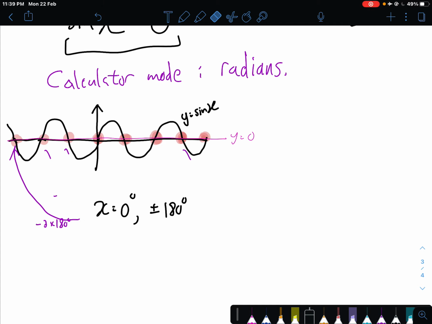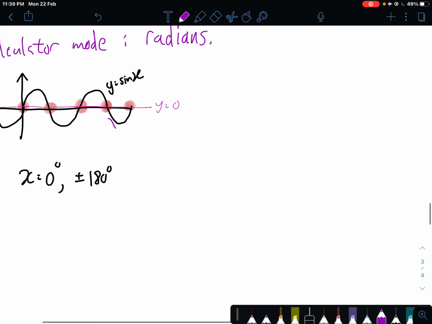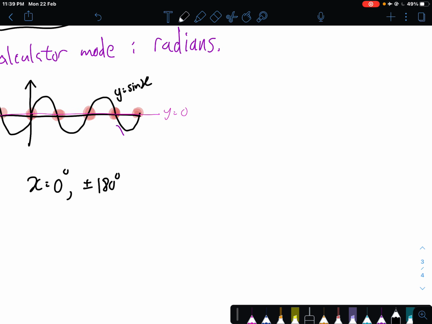However, we only want... Let's just continue listing down all the angles first. Plus minus 360, plus minus 540. 540 plus 180 is 720, plus minus 720 degrees.